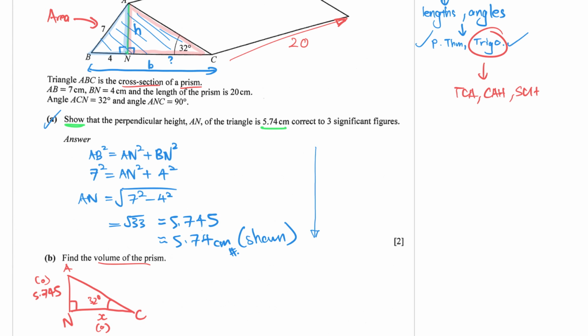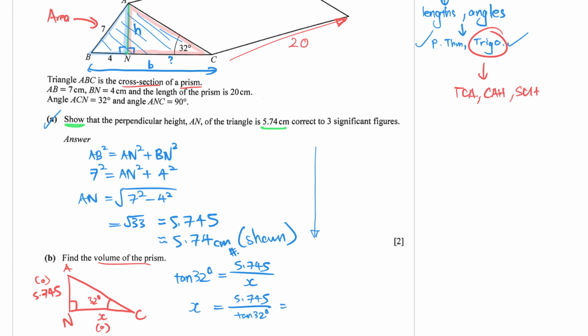So we are going to use, very good, the tangent ratio. So the tangent of 32 is going to be 5.745, the opposite side, divided by X. And X, after cross multiplying, will be 5.745 divided by tangent 32.